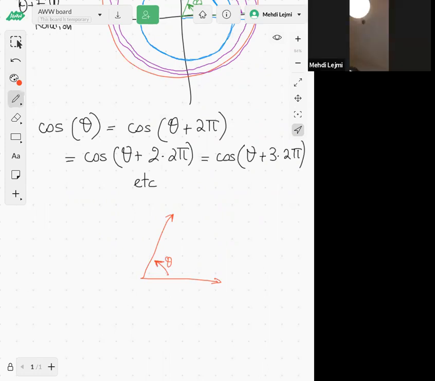So for example, this is my angle theta, and then I'm going to do a full rotation, right? Come back to the same place, same side.